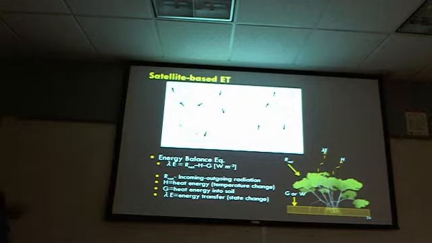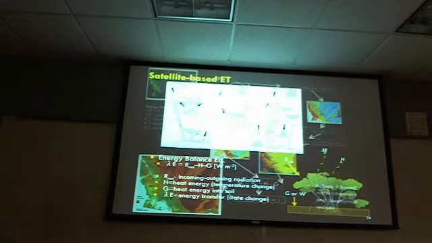Then net radiation minus sensible heat flux, the heat used to change the temperature, and soil heat flux, the energy used to heat the soil, gives the latent heat of evaporation, which is the energy needed to transfer states, from water to vapor. That is essentially the evapotranspiration term.